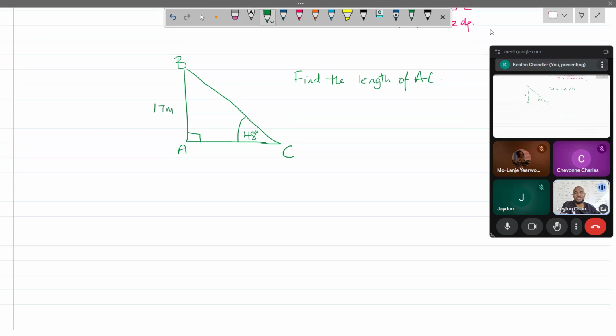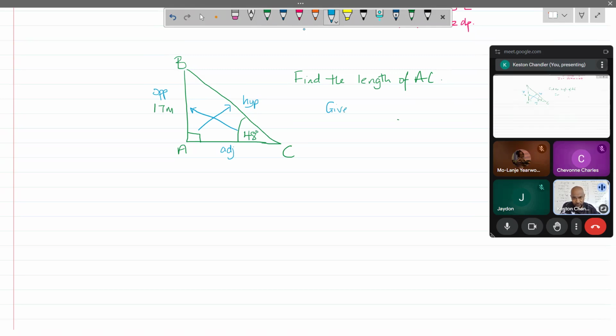So let's correct this and see how you did. So the steps that I told you guys to follow would begin with us first labeling the triangle. Arrow away from the right angle tells us where the hypotenuse is. Arrow away from the acute angle tells us where the opposite is. This means this will be our adjacent.